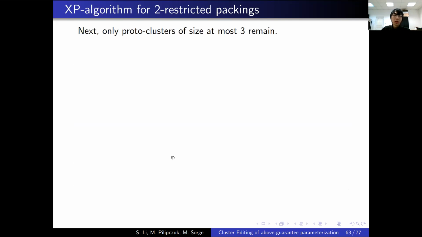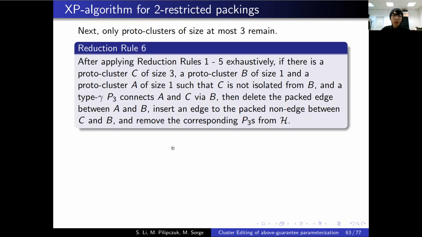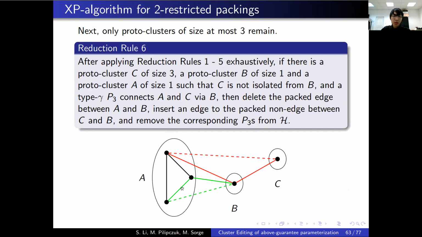Next, only protoclusters of size at most 3 will remain in the graph. Then we do reduction rule 6. And this is a picture. If we have a protocluster A of size 3, this is the possible structure that will appear because of the constraint that every vertex is incident with at most 2 packed P3s.